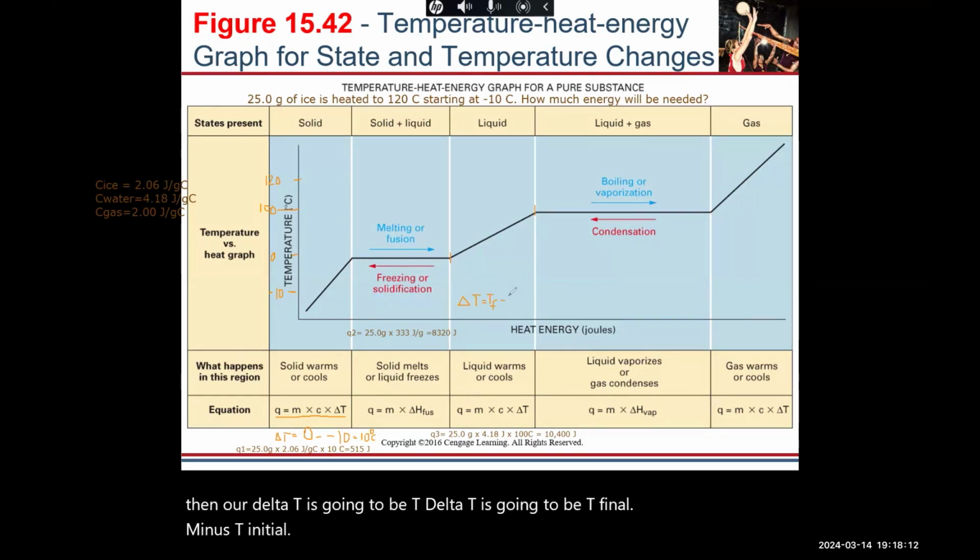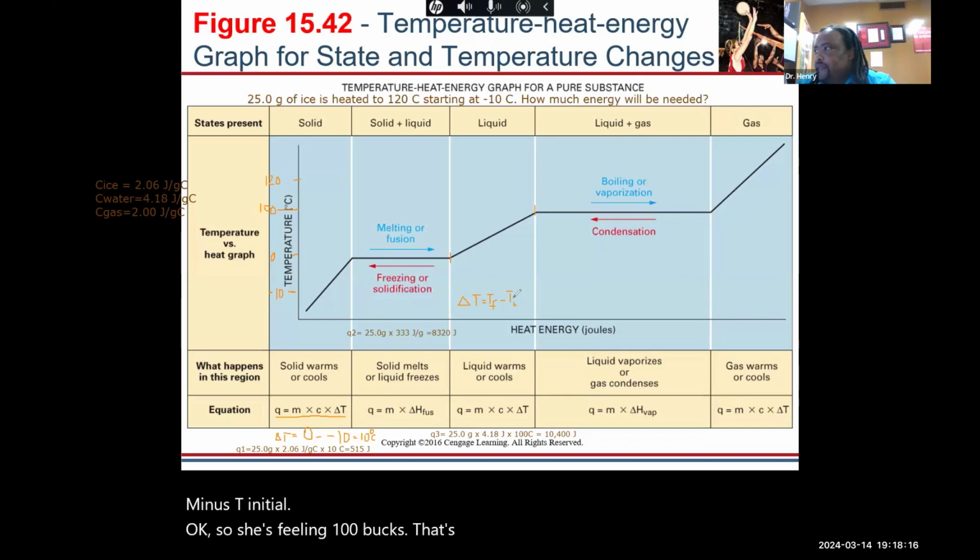So it would be like 100 minus 0, which is still 100. Yep. Okay, so then we get 100 minus 0, and that's Celsius. So that's just 100. Okay. So then that's our Q3.